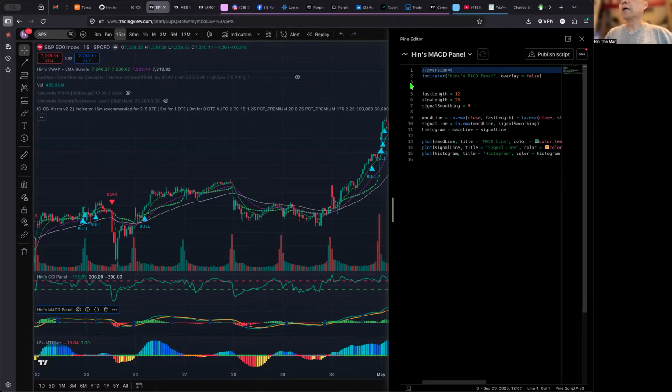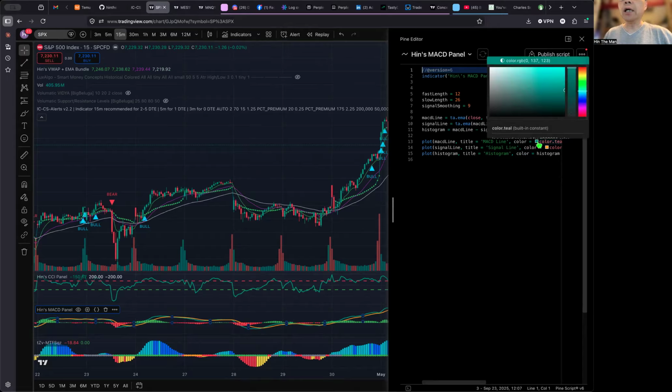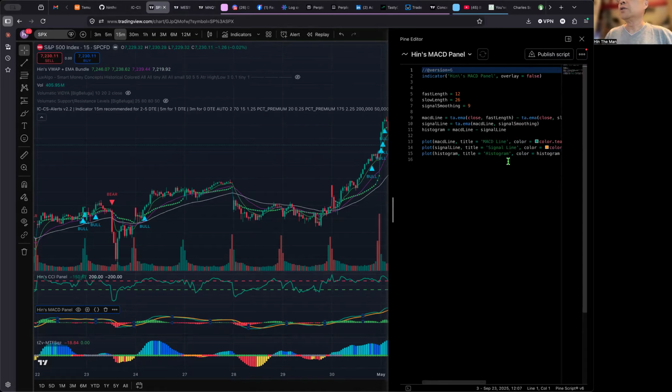So now you can actually use MACD, the signal line, and the histogram. The histogram is the green and the red, right?